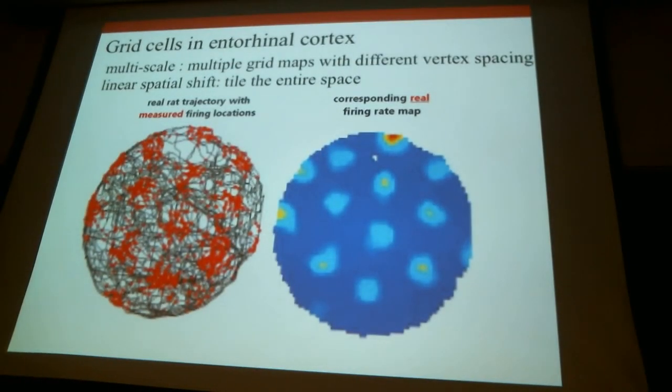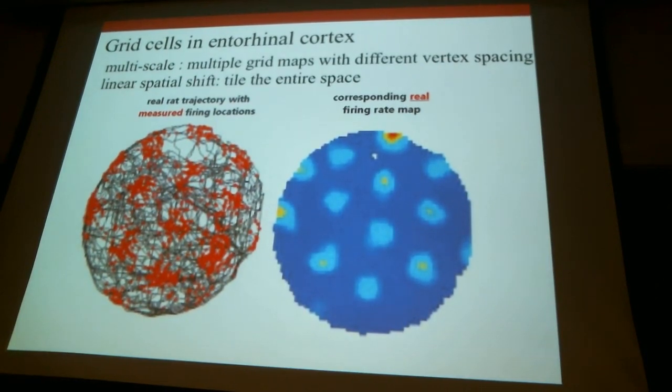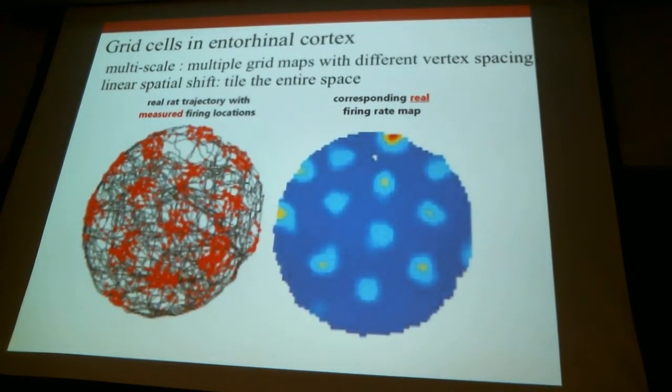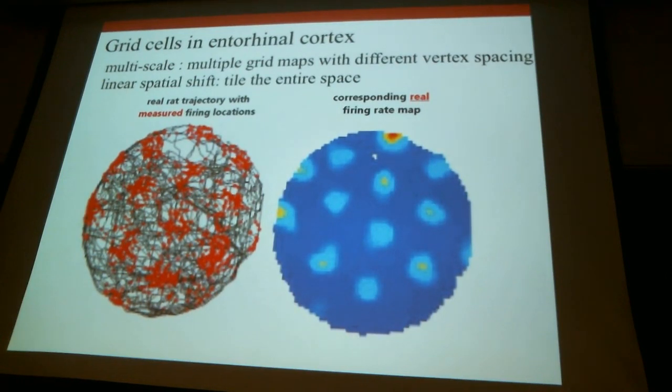In the entorhinal cortex, you see something really wild. This is an example of a grid cell. People knew that there was a strong projection from entorhinal cortex to hippocampus, and people were trying to understand how these place cells are formed.